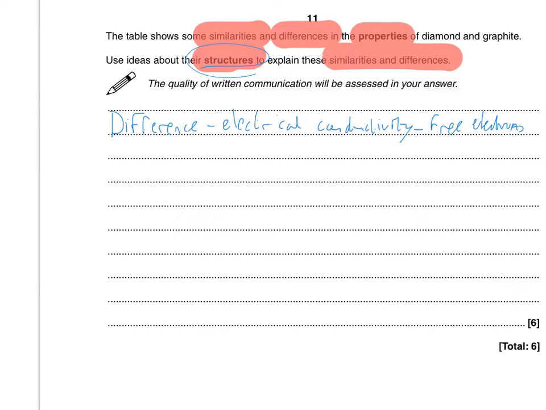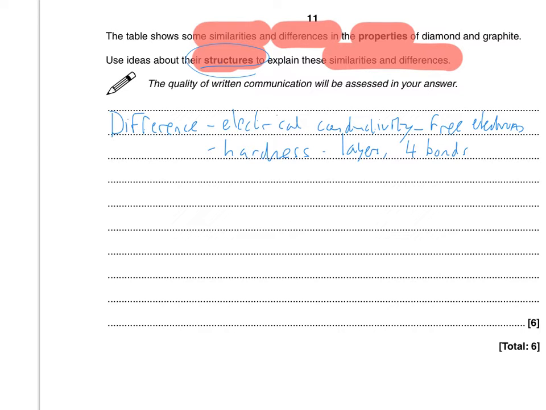We could explain the difference in hardness. And we could compare the structures to talk about layers in graphite. In fact, it's only got 3 bonds, whereas in diamond it has 4 covalent bonds between each carbon atom.